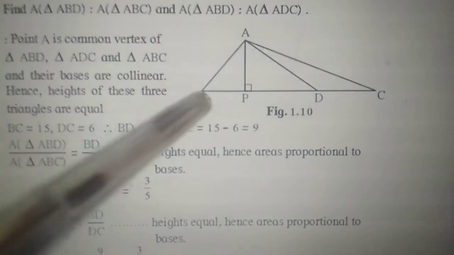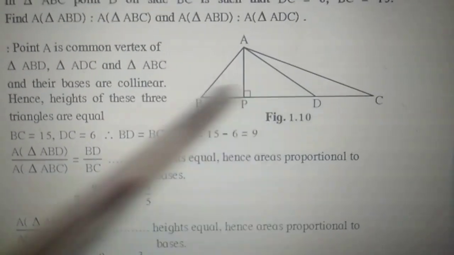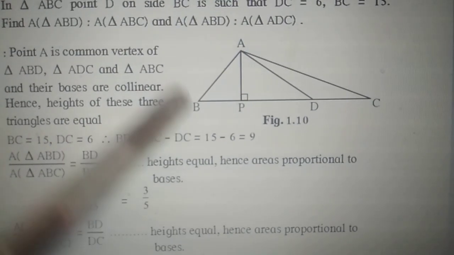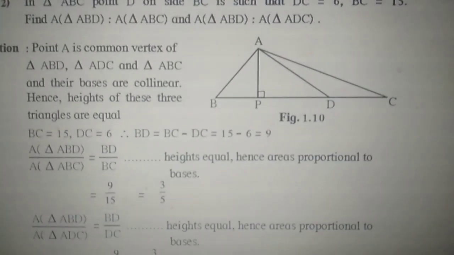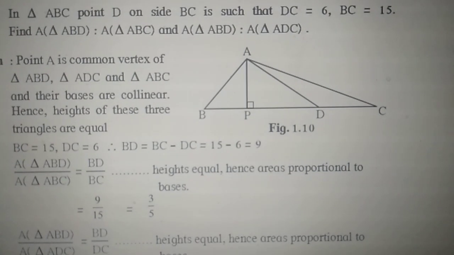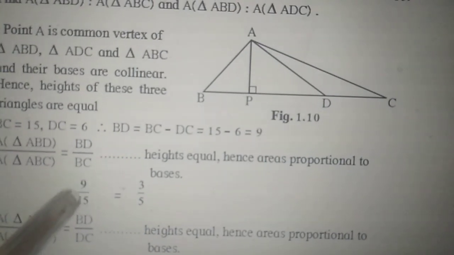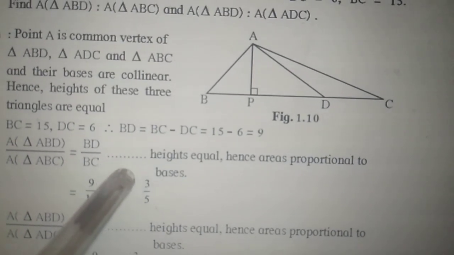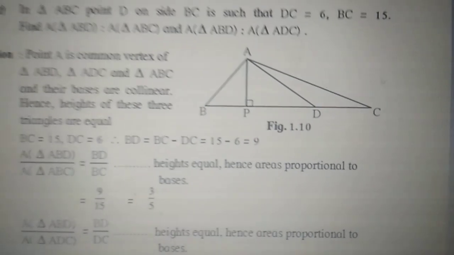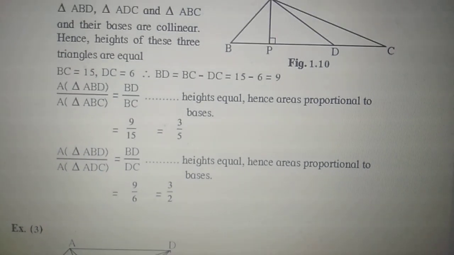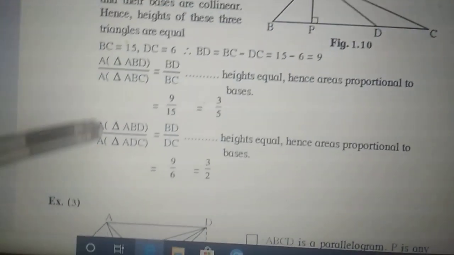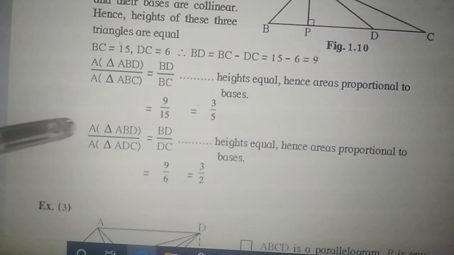BD is 15 minus 6, that is 9, upon BC's total, 15. 9 and 15 are in the table of 3: 3 threes are 9, 3 fives are 15. Therefore the answer is 3:5.